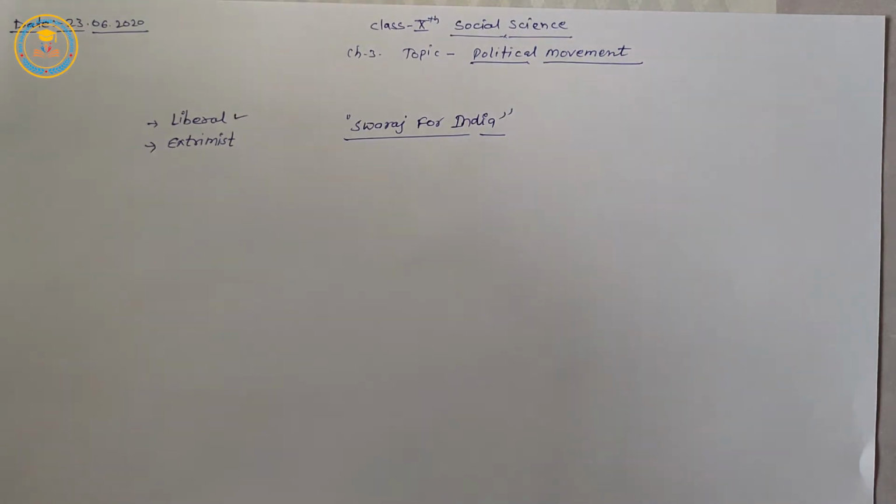You know democracy is the form of government in which the government is elected by the people, for the people and of the people. So after 1874, when this article Swaraj for India was published, it talked of initiating a constitutional government of the Indians for the Indians.